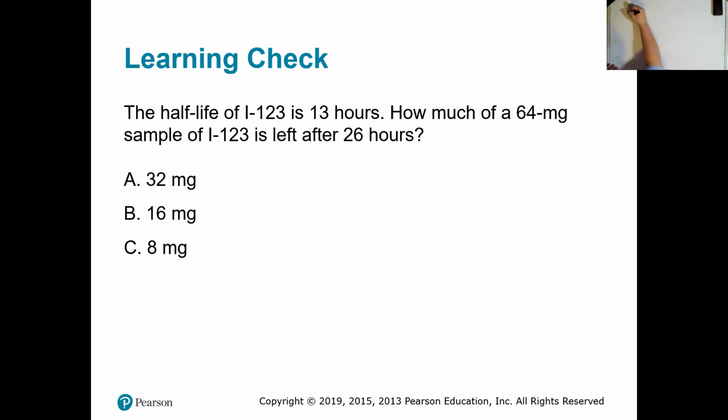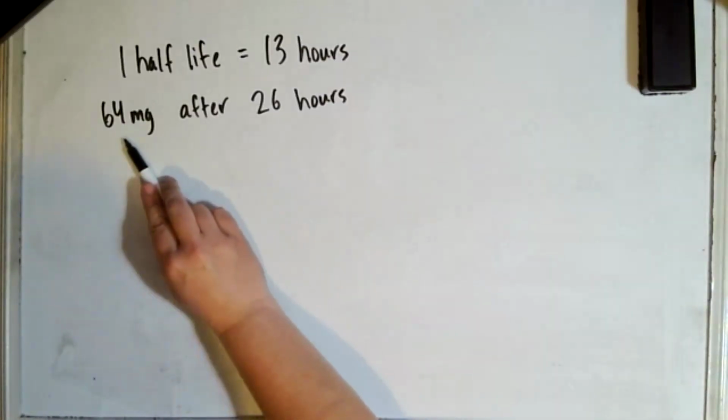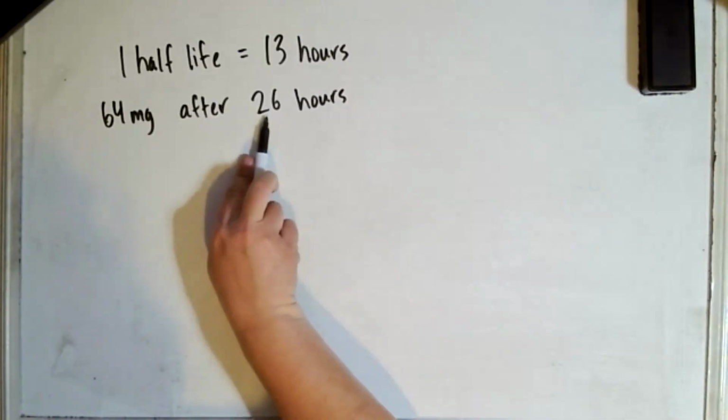Okay, they're telling us that the half-life of iodine-123 is 13 hours. How much of a 64 milligram sample is left after 26 hours? All right, so they ask us how much of this 64 milligram sample is left after 26 hours goes by.